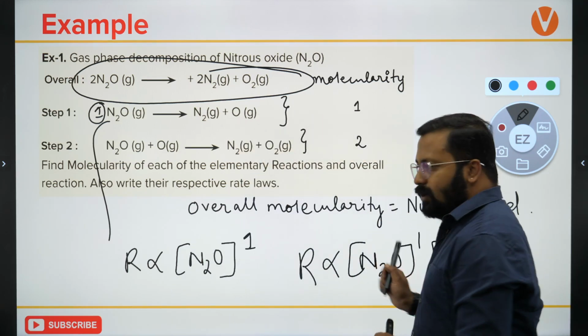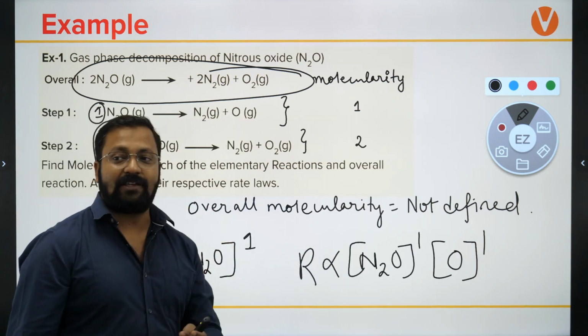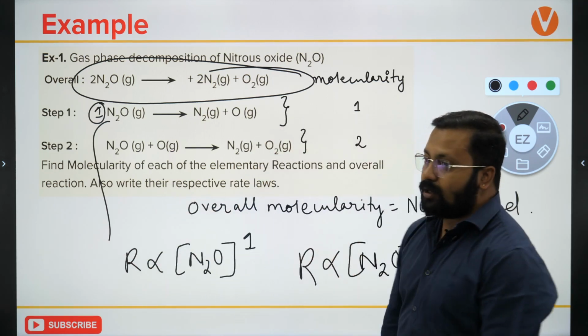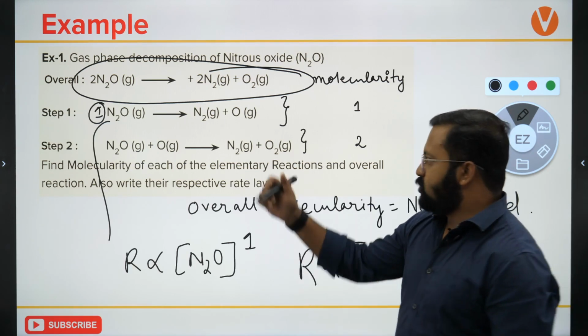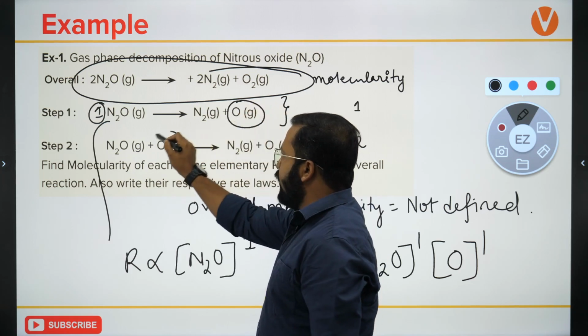Now it is important to know, if I ask you what is the intermediate in this reaction, then the intermediate is the one which gets carried forward from reaction 1 to reaction 2.